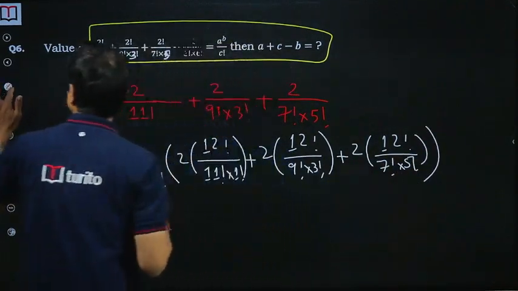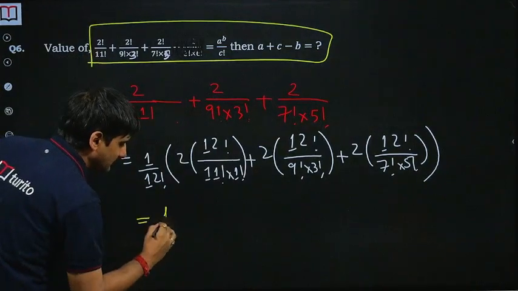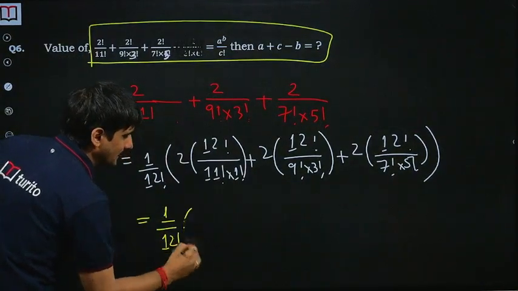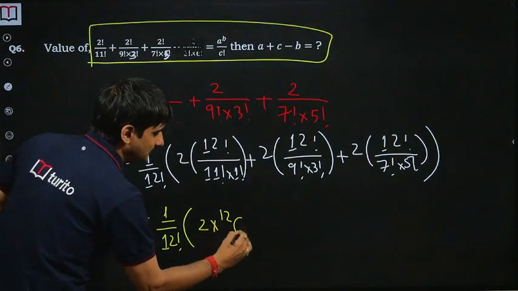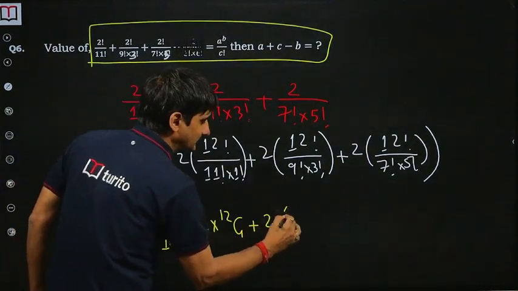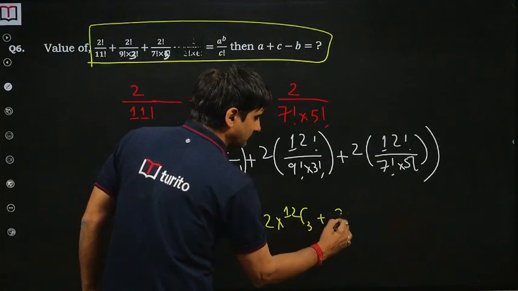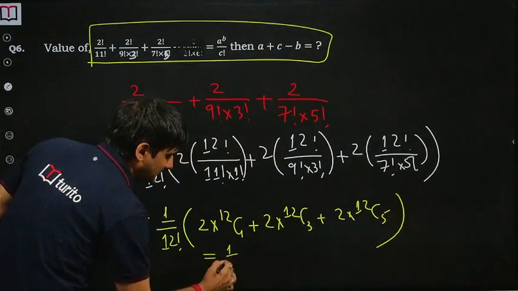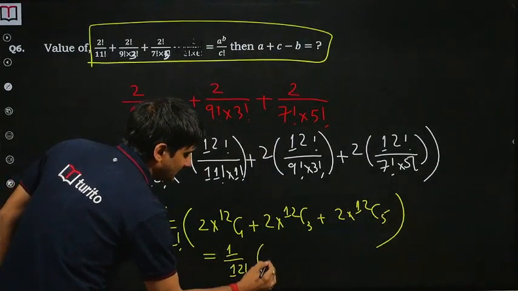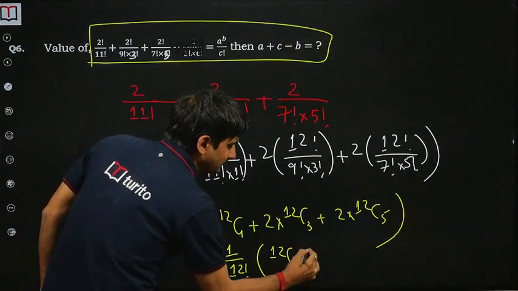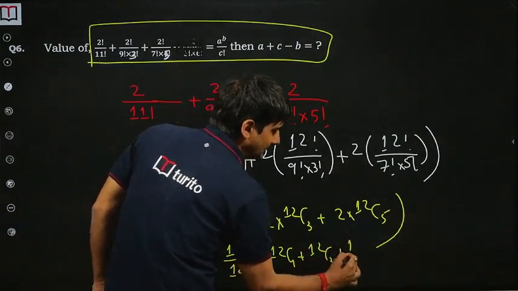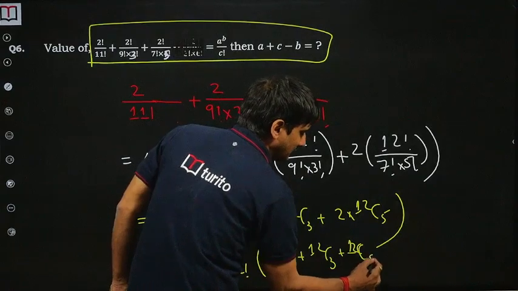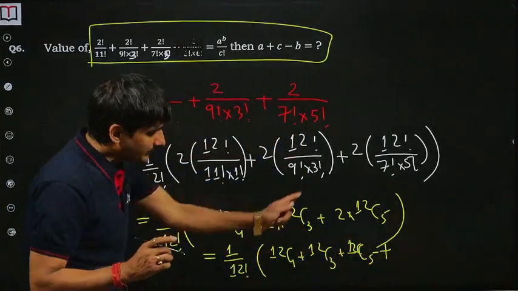Okay, now see, what will I write here? 1 by 12 factorial, 2 into 12C1 plus 2 into 12C3 plus 2 into 12C5. Now, can I write it as 12C1 plus 12C3 plus 12C5 plus 2 into 12C5?